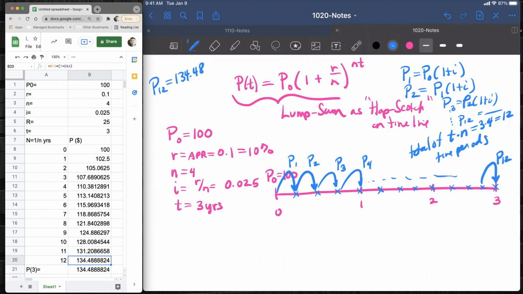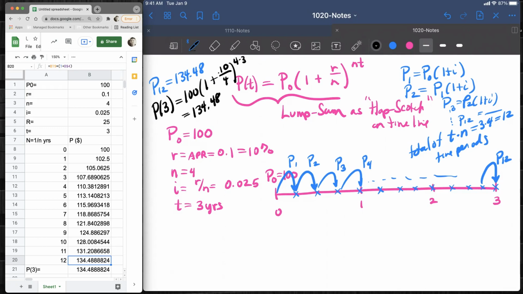This also happens to be the same thing as putting into your formula the principal after 3 years: 100 times 1 plus R, which is 0.10 divided by 4, to the 4 times 3 power. If you compute that number, you will get the same thing, 134.48.